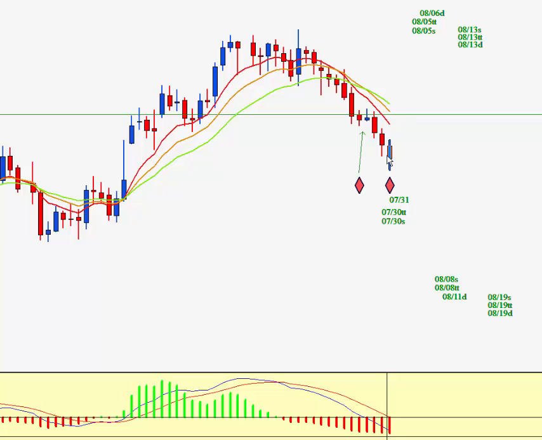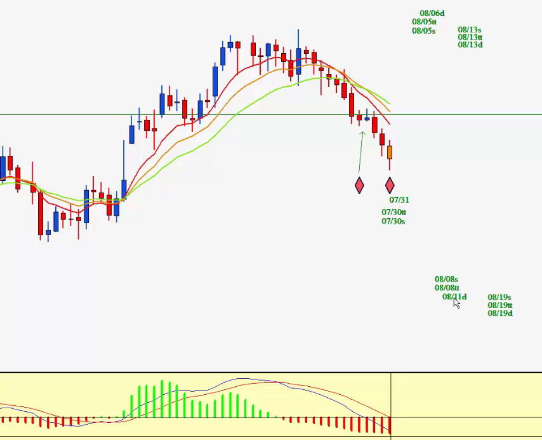So for the short-term turn dates for the British pound that you may want to take note of if you trade the British pound, we're expecting some sort of reversal now for July 31st. Then some sort of reversal for around 8-5, then again for 8-8, and 8-11.